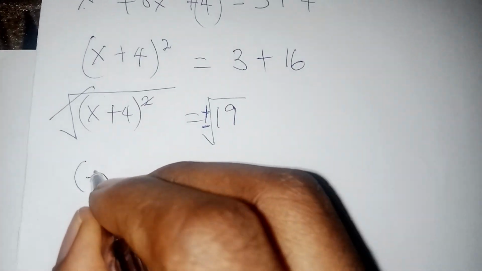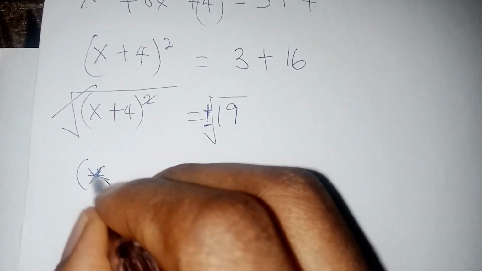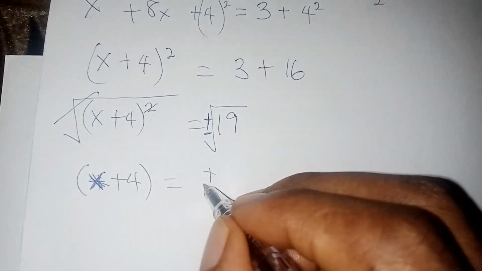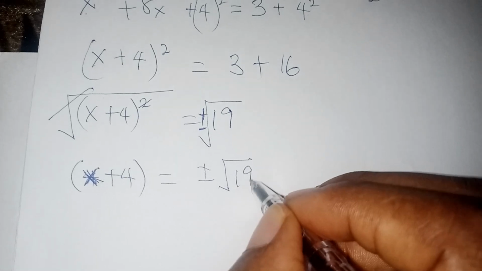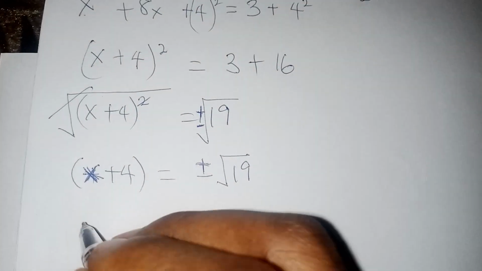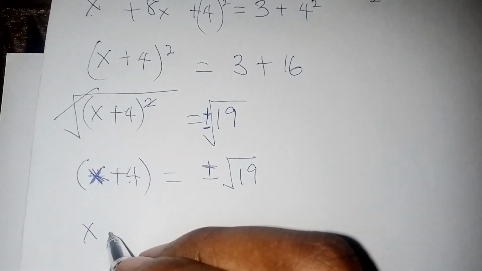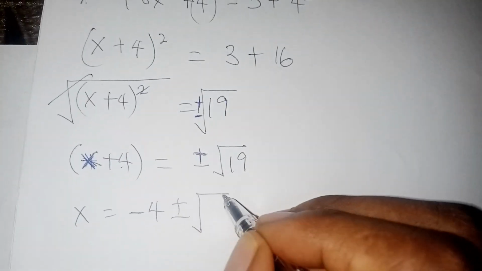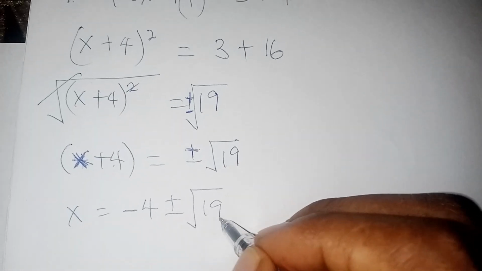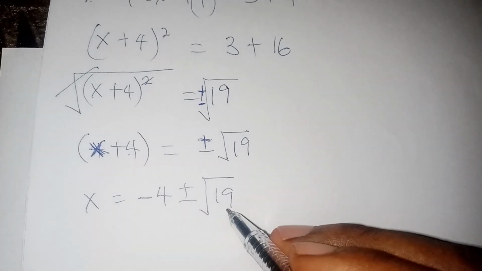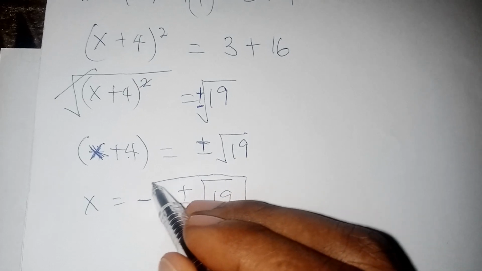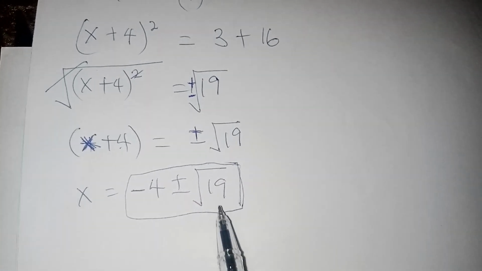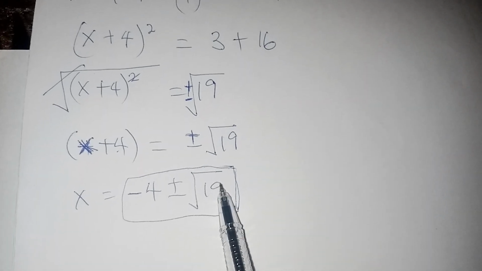So we have x plus 4 equals plus or minus square root of 19. So the 4 can come to the other side, so we have negative 4 plus or minus square root of 19. Now you can decide to leave your answer like this, because there's nothing else we can do here.